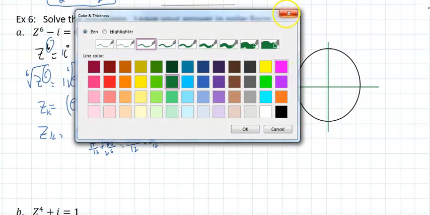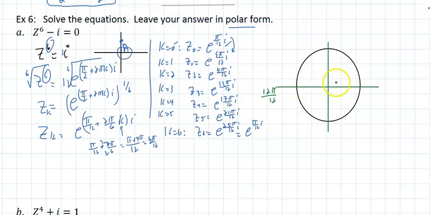If I think of it as breaking it into 12, so 6 parts each. 1, 2, 3, 4, 5, 6, 7, 8, 9, 10, 11, 12, 13, 14, 15, 16, 17, 18, 19, 20, 21, 22, 23, and 24. This is 1 pi over 12. This is 2 pi over 12.